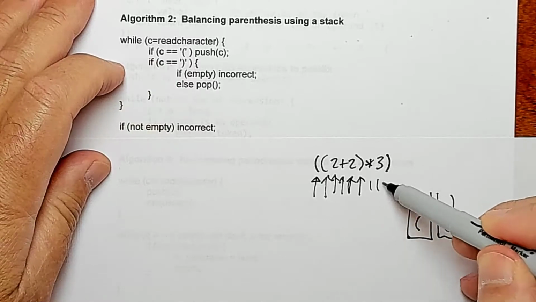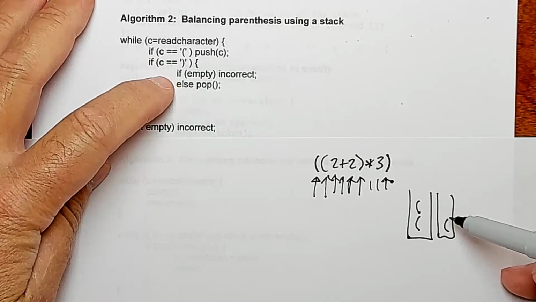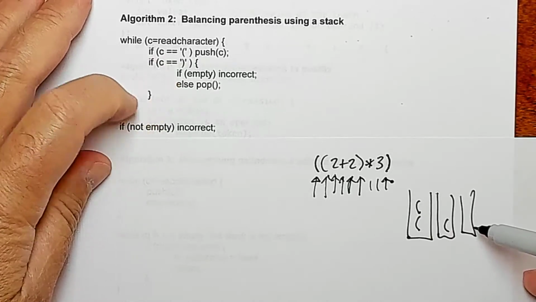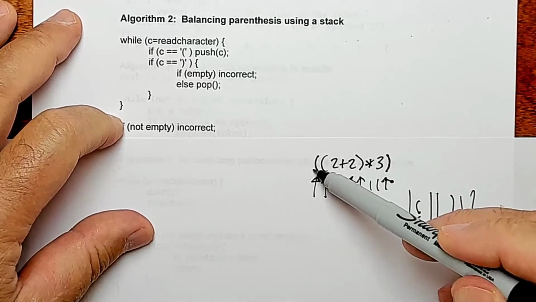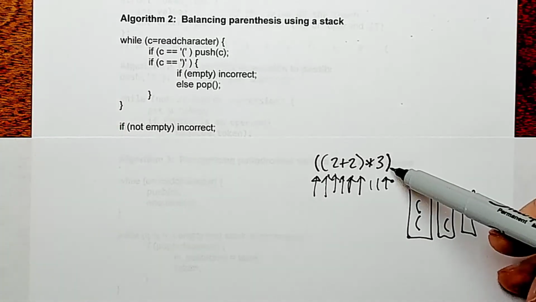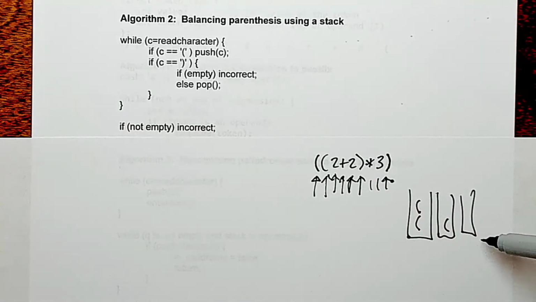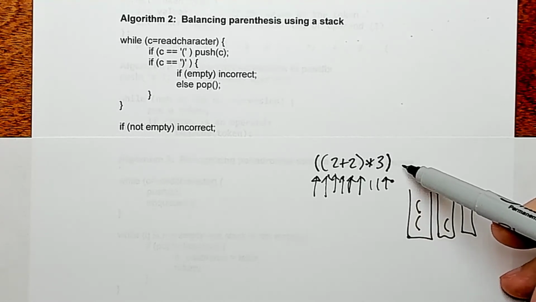Then you come around until you read this one, and the stack is not empty, so you pop it, and then the stack should be empty if it's good. But if I had an extra one of these parens, then the stack would not be empty. Or if I didn't have enough of these right parens, then I wouldn't do enough pops, and the stack would not be empty. So you could try executing this with some unbalanced parentheses and see what happens.